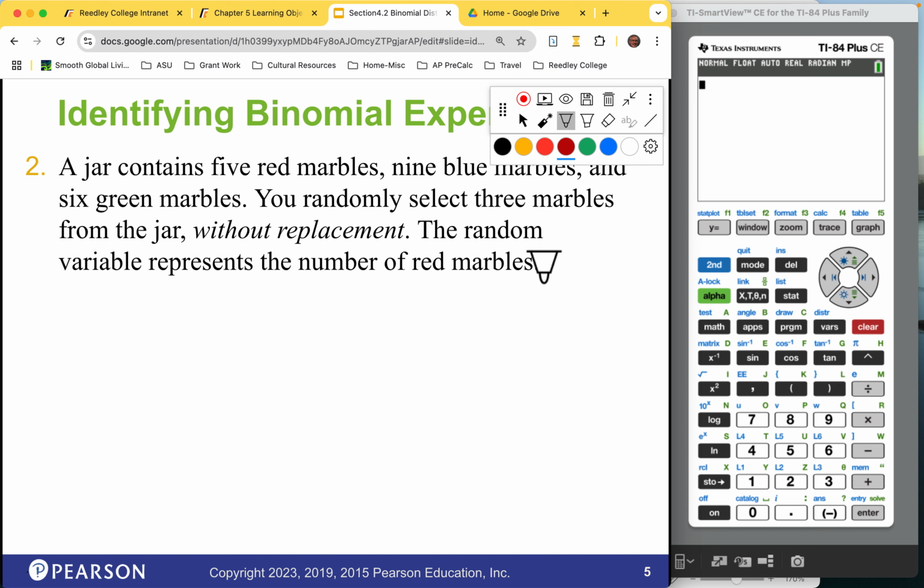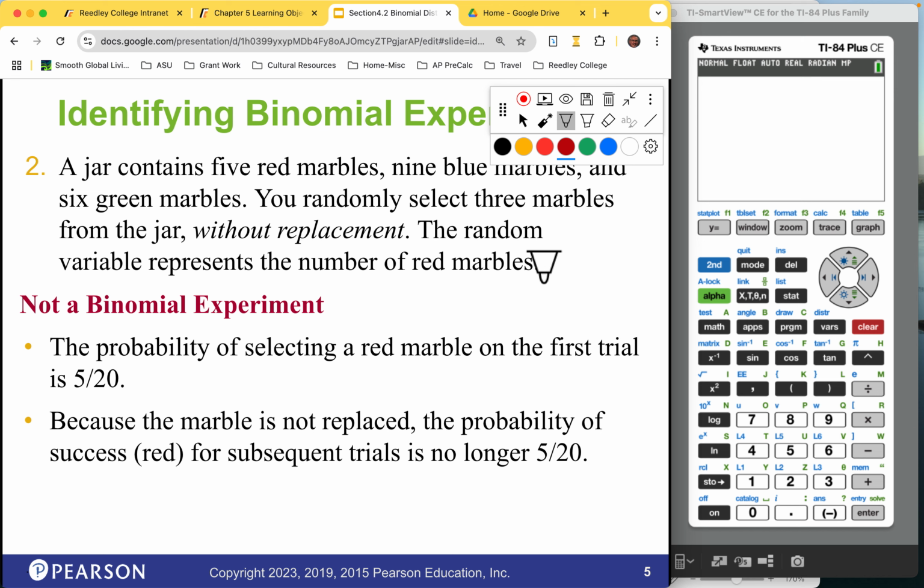There's multiple outcomes, but if we count it just as red or not red, that'd be okay. But there's a problem here. What about the probabilities for each trial? Since we're not replacing it, what's happening to the probabilities? They're changing on us, right? It's a conditional. So that's the problem. It's not binomial because of the changing probabilities. And you're right.